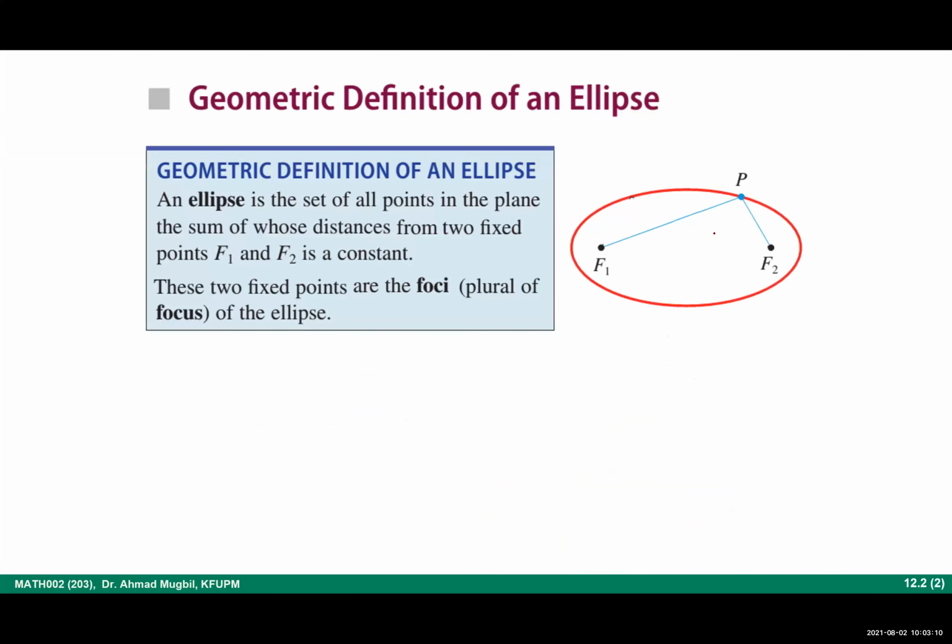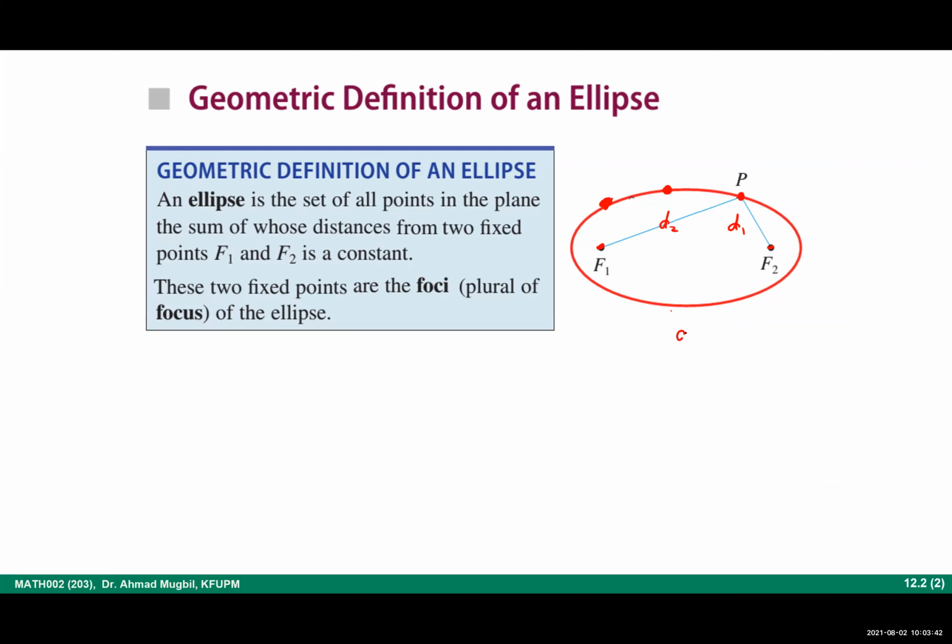Here we are. This is the definition of the ellipse. The ellipse is the set of all the points in the plane such that the sum of whose distances from two fixed points is a constant. If you take this point, or this point, and calculate the distance from that point to the fixed points, let's call this distance D1 and this distance D2.